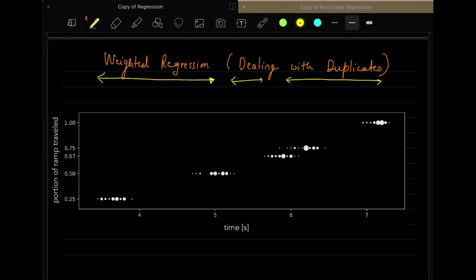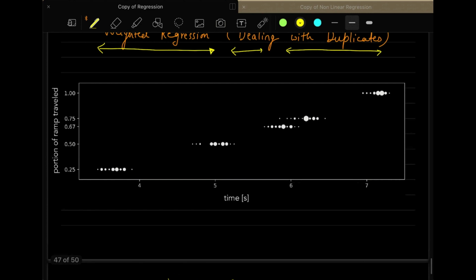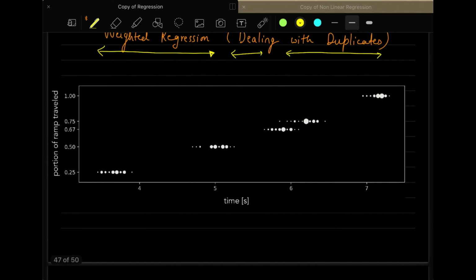So let us say you have some data like this, which is given over here. This experiment is about a ramp like this, where you roll a ball and calculate the time it takes the ball to reach this point.